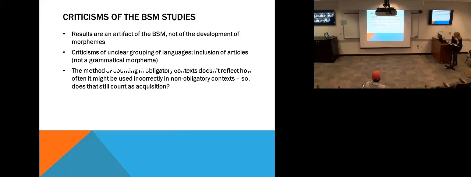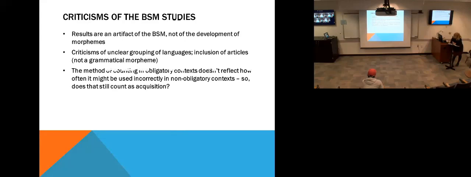So if you counted that and they're using S incorrectly in a non-obligatory context, so in other words, I say, is that one, and they say 1 wugs, okay? Now they're producing the S incorrectly, in the sense that it's not supposed to be there.